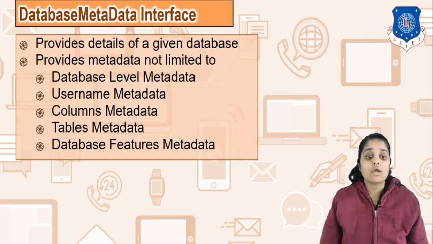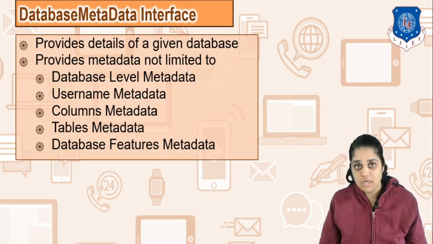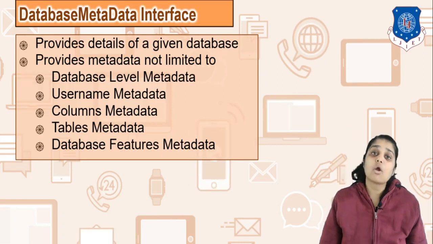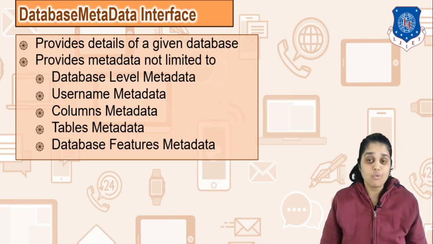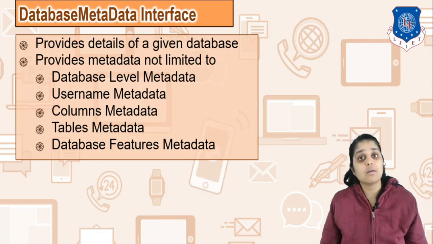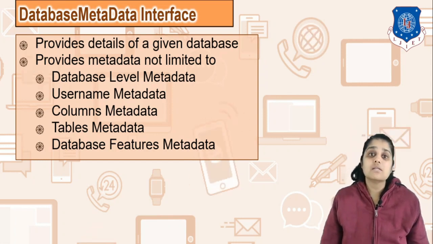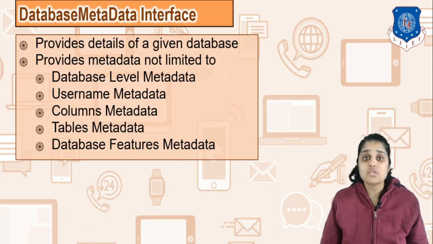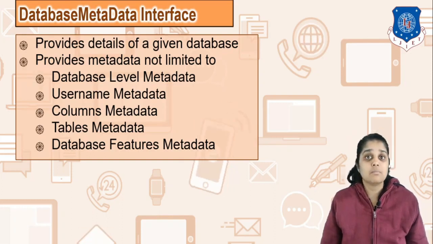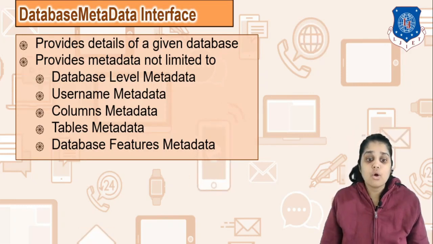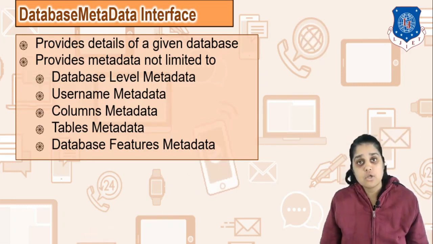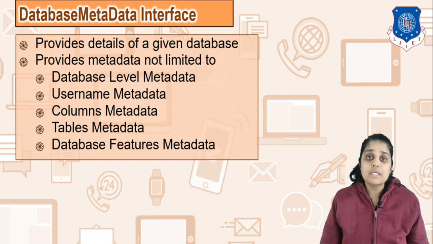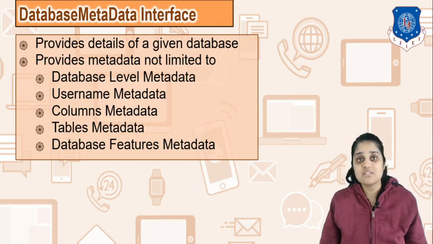You can also know the username of the database, more about the columns of the database, and more about the tables in that particular database. And certain features, like whether it supports stored procedures, whether it makes use of functions, whether it helps you do batch updates. All these are database features.